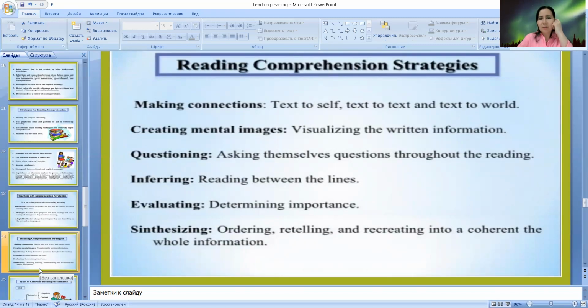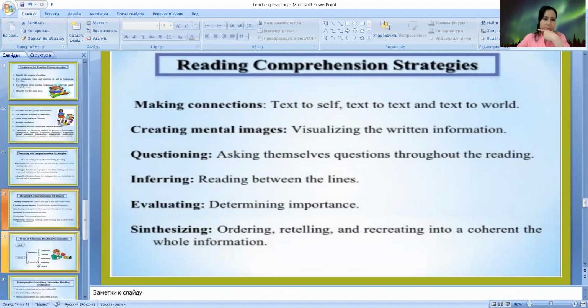Questioning, asking themselves questions throughout the reading; it may be between the teacher and the student. Also giving questions and answers from the students, for example, what they understand from reading the text. Next, inferring, reading between the lines. Evaluating, determining importance, synthesizing, ordering, retelling, recreating the current as well as the whole information.